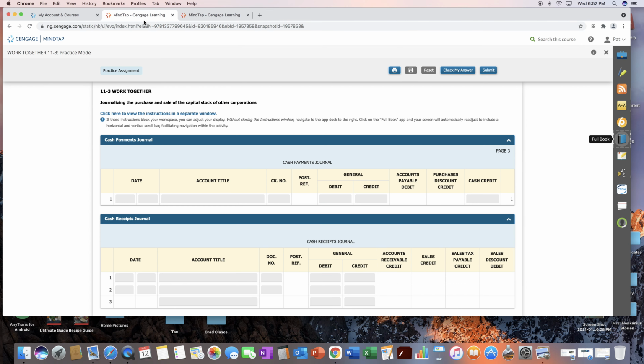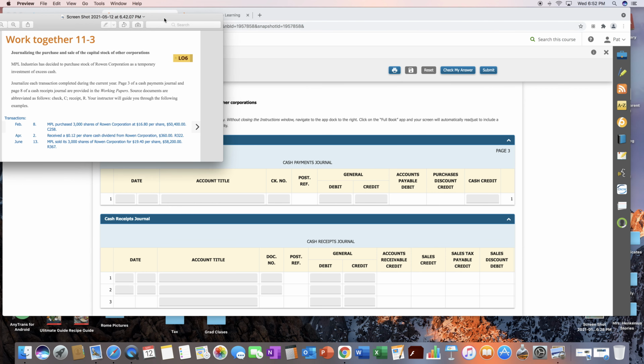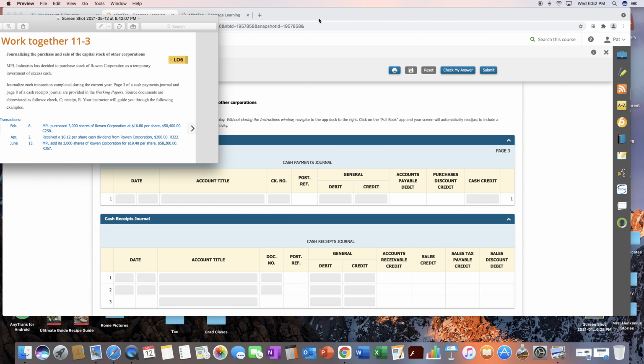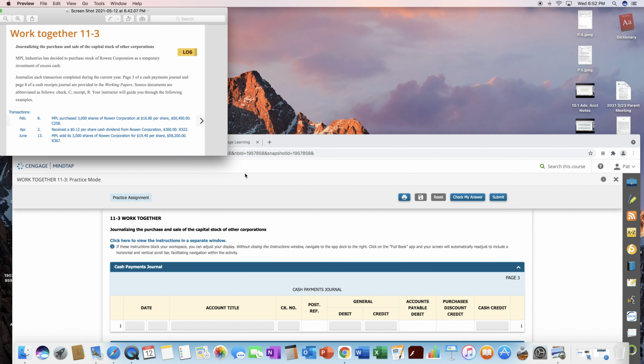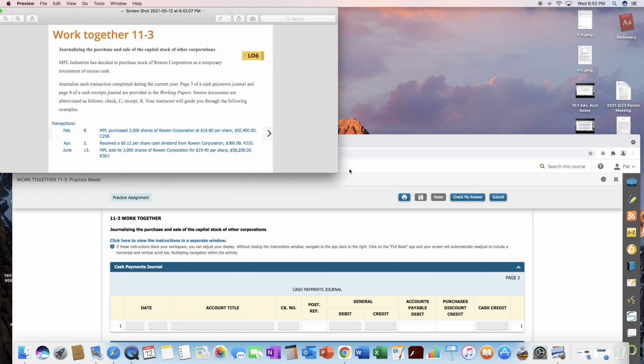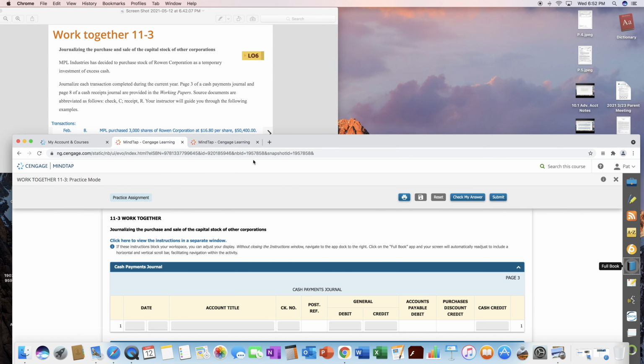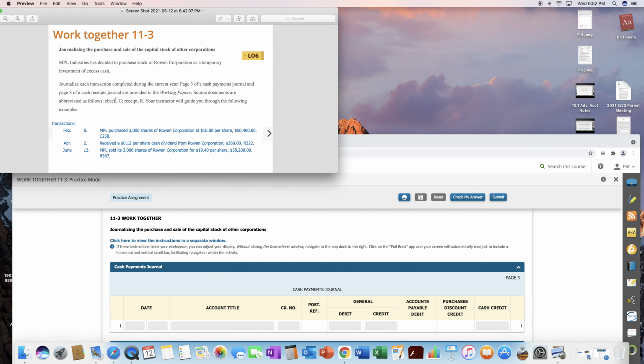So then, for the assignment, we got a screenshot of the instructions, so I don't have to flip back and forth all the time. I'm going to move this up a little bit. It says journalize each transaction where ML Industries decided to purchase some Rowan Company investments.